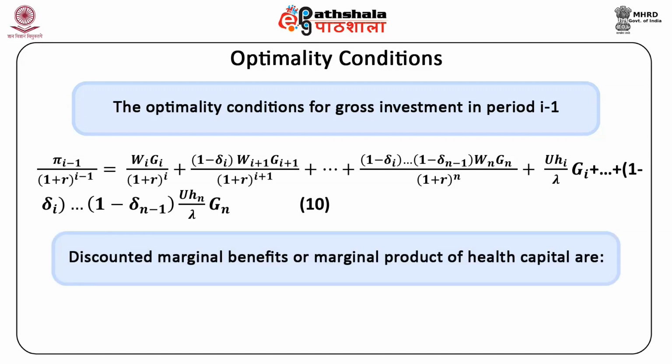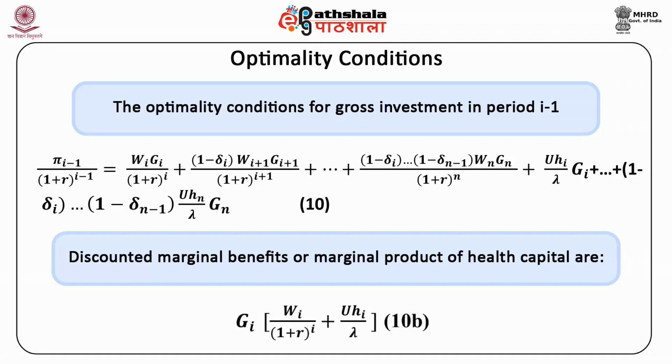The discounted marginal benefits or marginal product of health capital are Gi into Wi upon (1 plus r) raised to the power i plus UHi upon lambda, equation 10b. Gi is the marginal product of health capital, which measures change in number of healthy days due to change in stock of health.